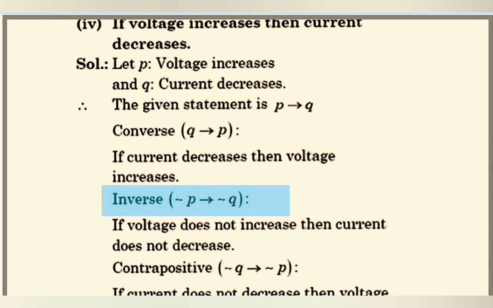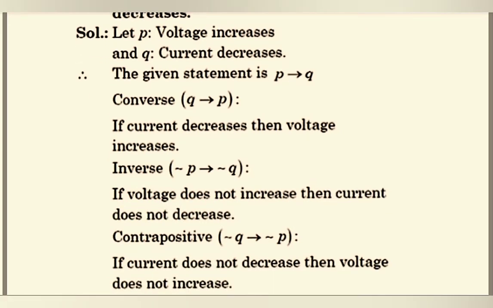Inverse means negation P implies negation Q. Here write negation P: if voltage does not increase, this is negation P. And negation Q means current does not decrease. And last, contrapositive: negation Q implies negation P. If current does not decrease, this is negation Q, then voltage does not increase, negation P.